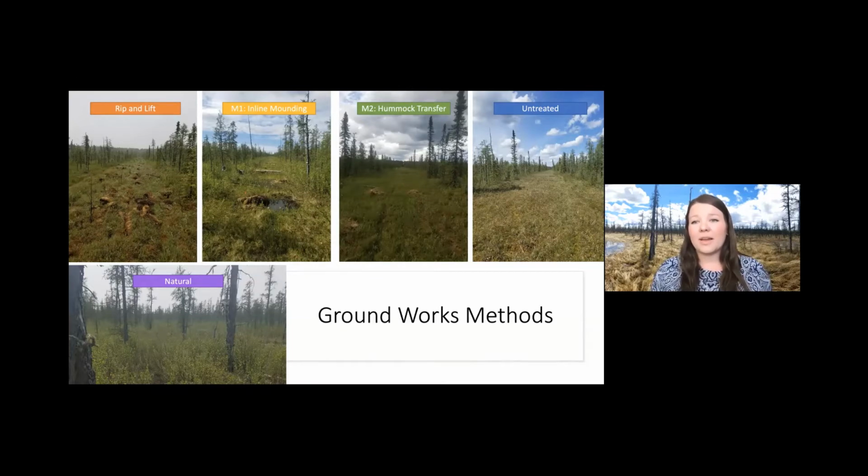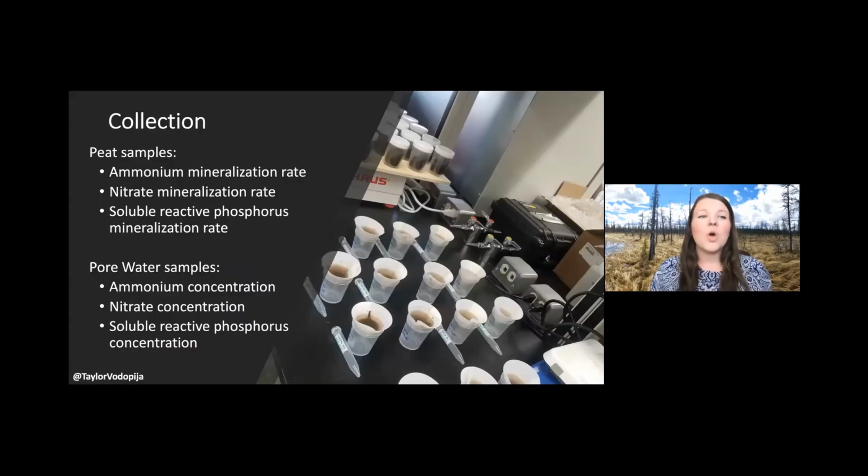We also compared this against an untreated part of the line where there was no restoration done, and a natural area off the line where there was no disturbance. We collected peat samples as well as pore water samples to look at ammonium, nitrate, and soluble reactive phosphorus mineralization rates and concentrations.